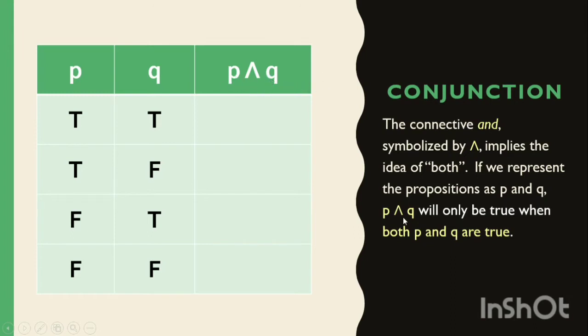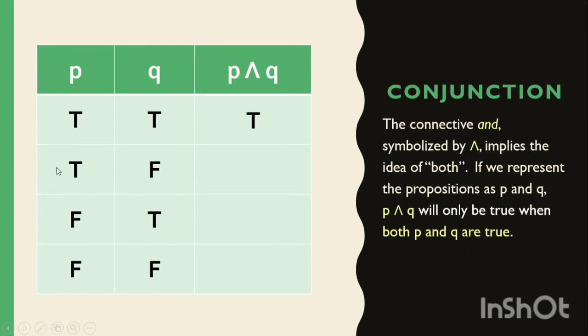So again, P and Q will only be true if both P and Q are true. Here we look at the truth value of P and the truth value of Q. Since both P and Q are true according to our rule, P and Q here will be true.